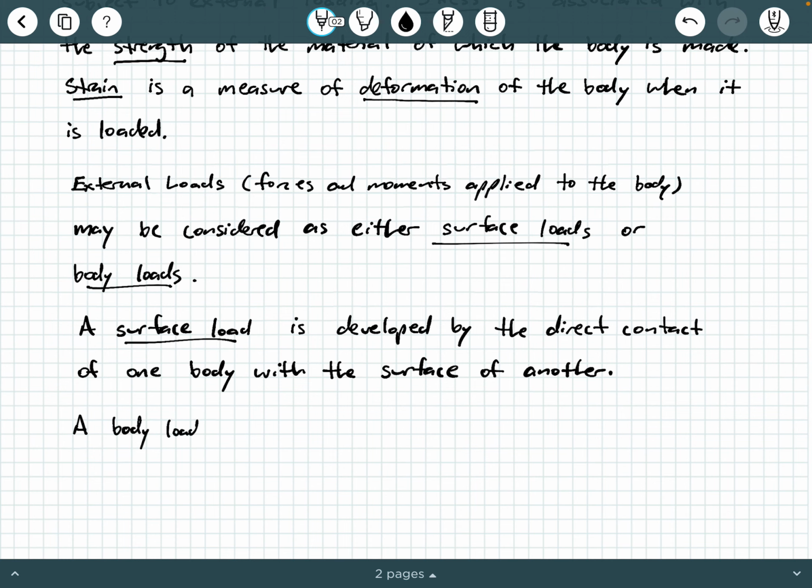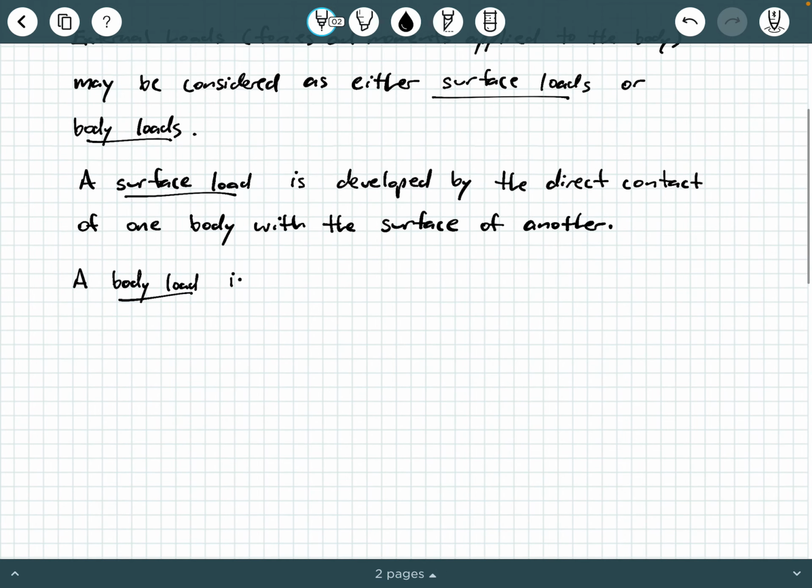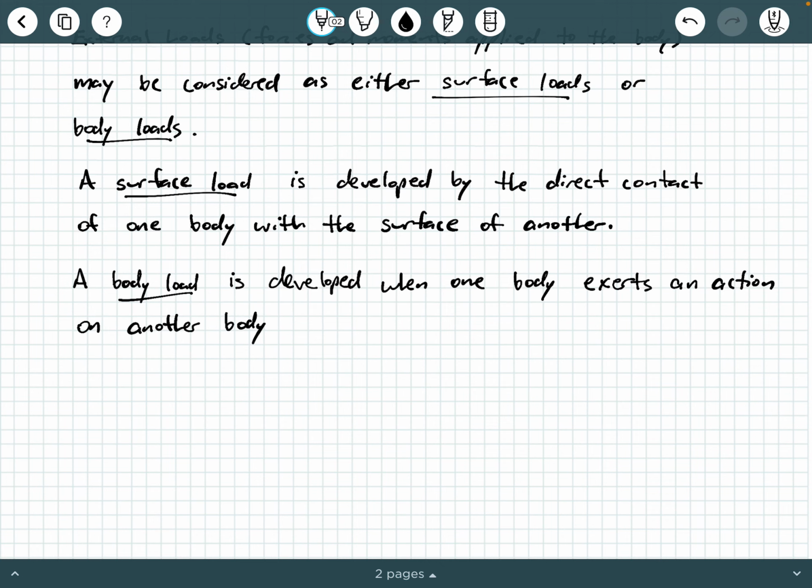A body load is developed when one body exerts an action on another body without direct physical contact.